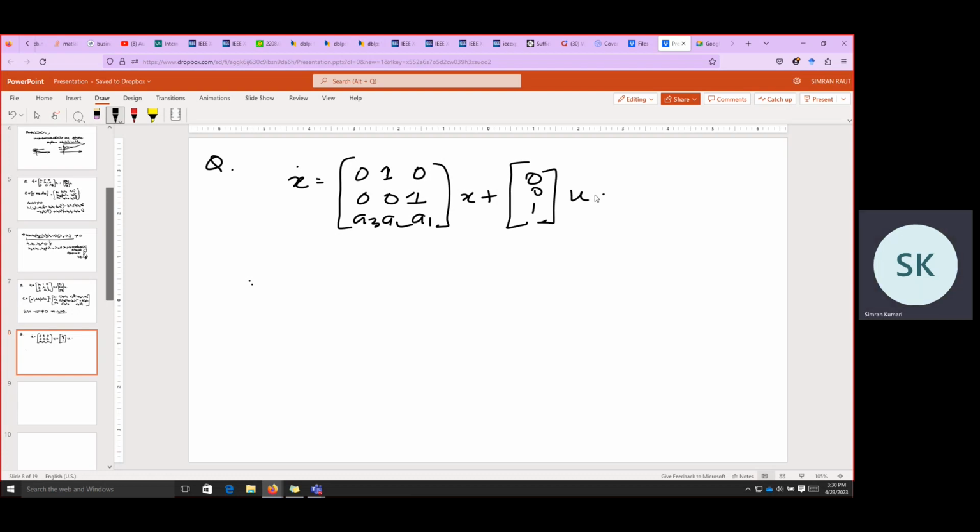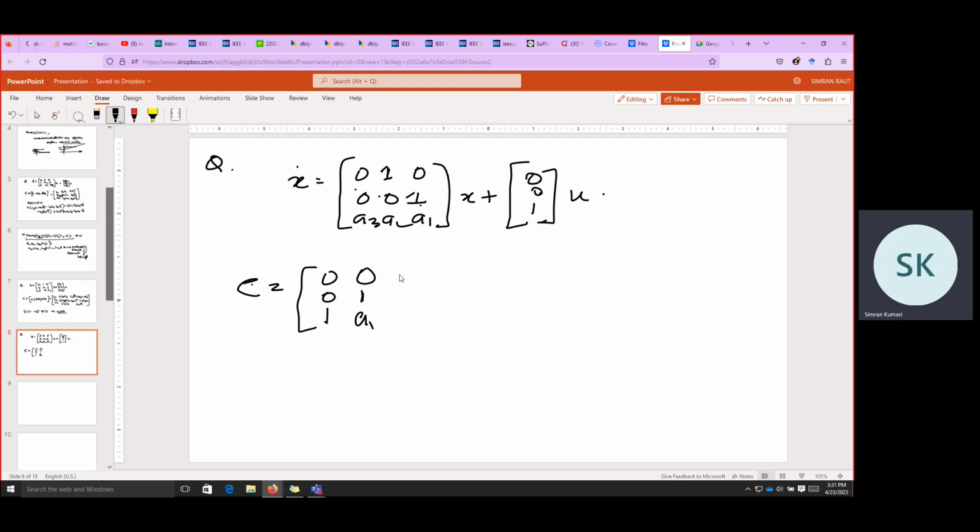So we'll try to find the controllability matrix for this one. 0, 0, 1, and then we'll have 0, 1, A1, because this is multiplied to the first column, this to the second column, this the third, and summation of these.